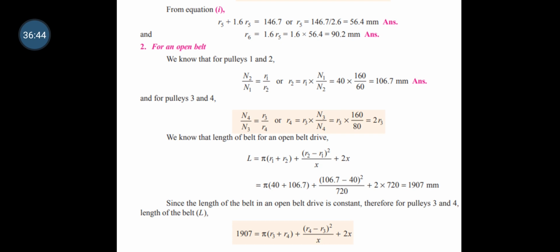In the meanwhile, R4 is equal to 2 into R3. We know that the length of the belt for an open belt drive, L is equal to pi into (R1 plus R2) plus (R2 minus R1) the whole square divided by X plus 2X. By solving these known values for finding the length of the belt, L is equal to 1907 mm.